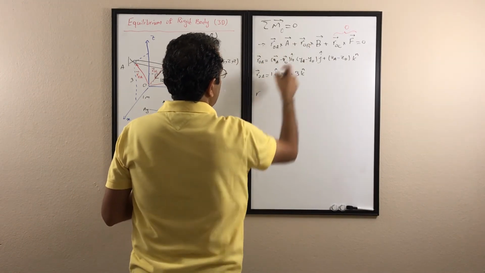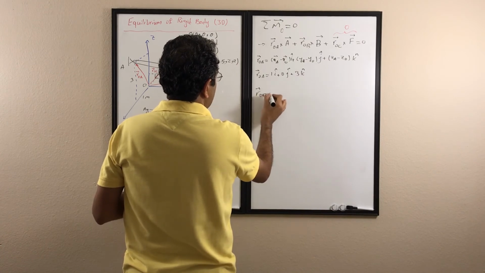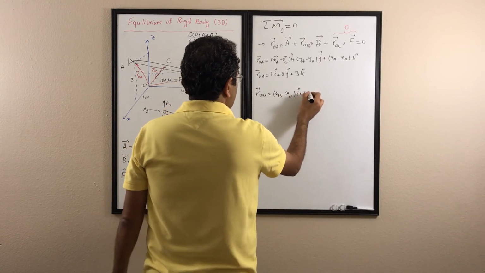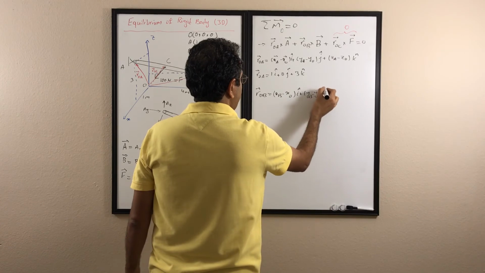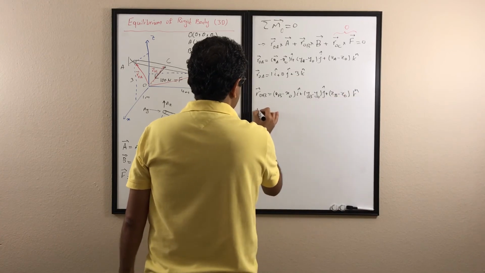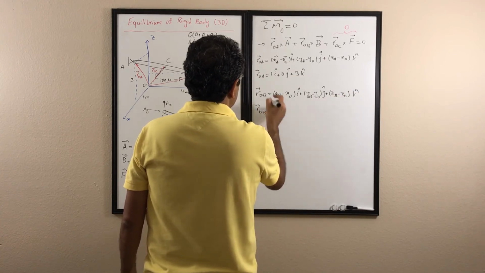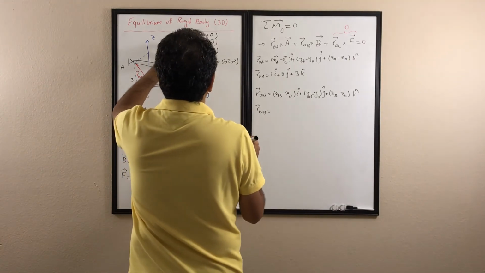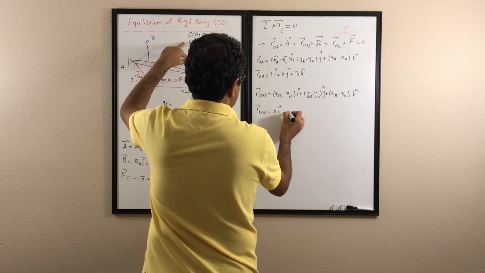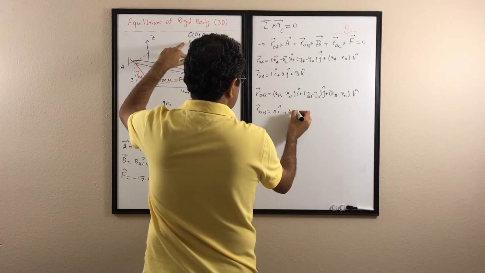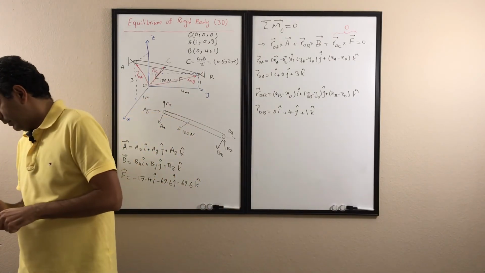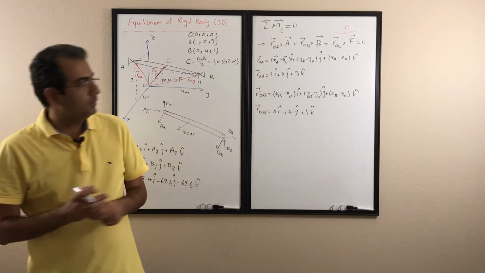So ROB is again XB minus XO I plus YB minus YO J plus ZB minus ZO K. And if we put them in, ROB is going to be 0I plus 4J plus 1K. So 0I, 4J and 1K.